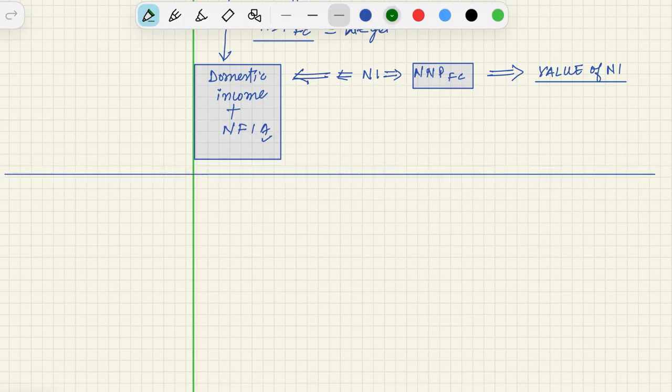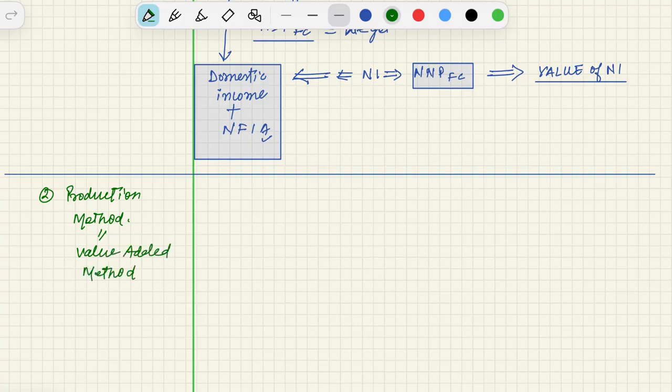The second method is the production method. The production method is also called the value added method.